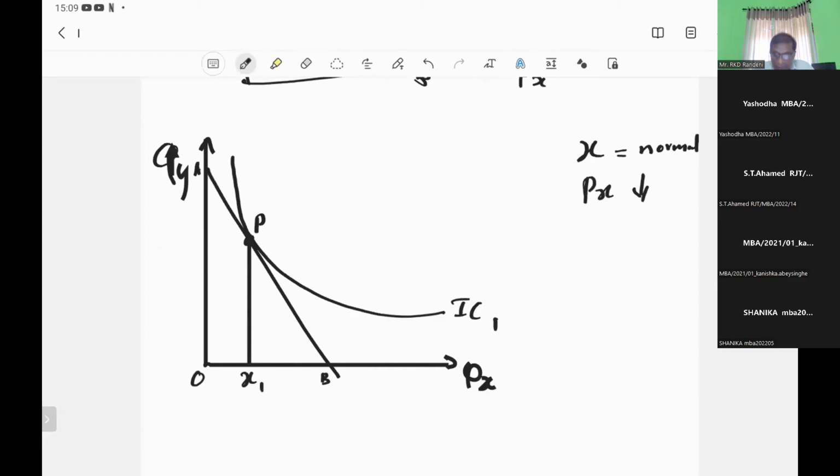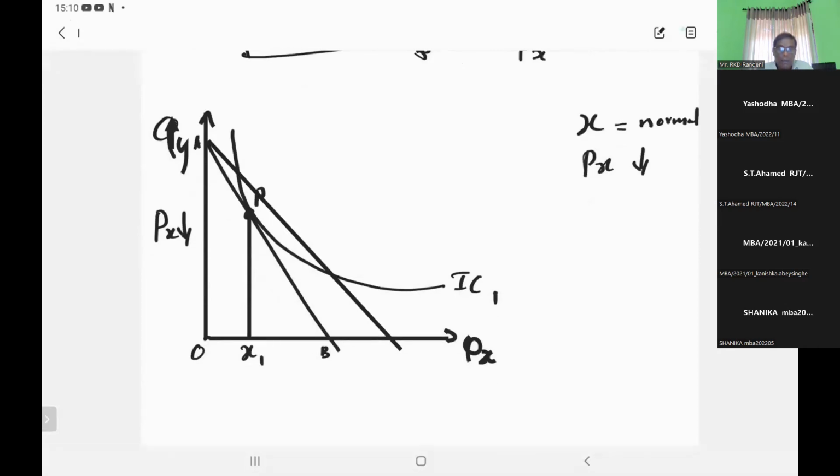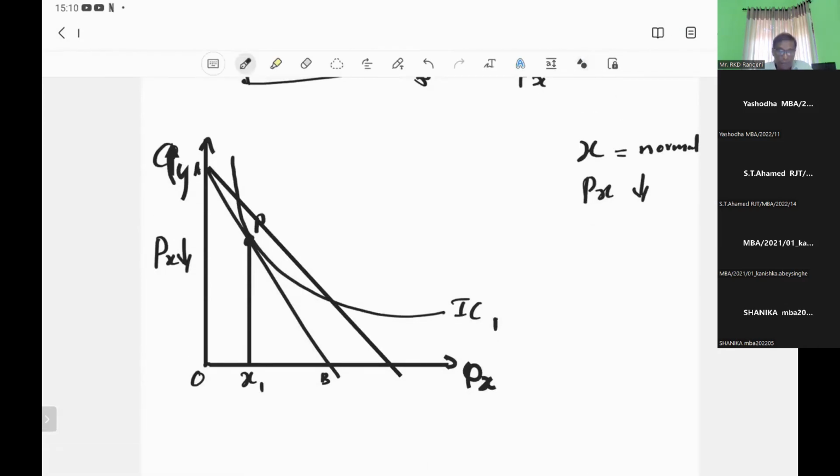Now assume that price of X is reduced. X is a normal commodity. Price of X is reduced. The consumer can buy more of X. Now the price line shifts to the right, that is AB dash. Now he can reach a higher level of indifference curve somewhere here.